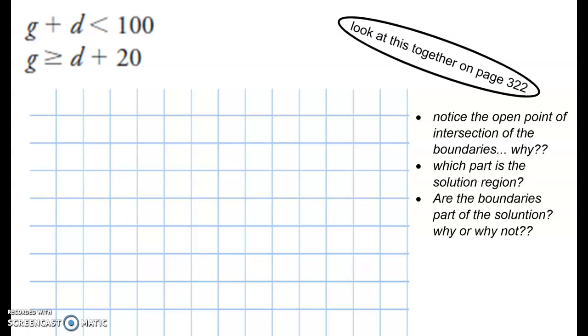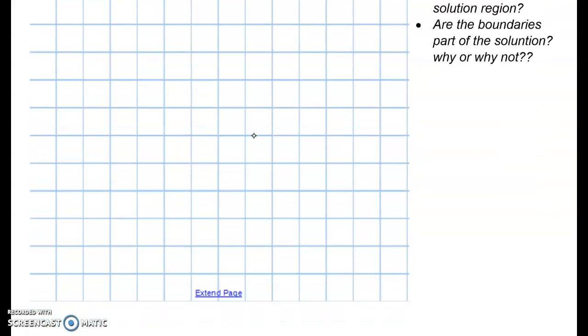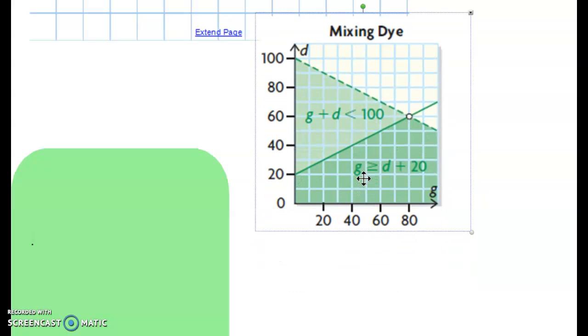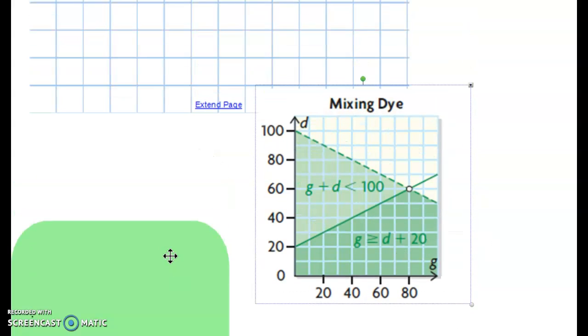What we're going to look at is just the boundary lines when a dashed boundary line crosses over with a solid boundary line. On yours, I'm not sure if your notes have this answer key, but let's just have a look at this answer key for a minute.